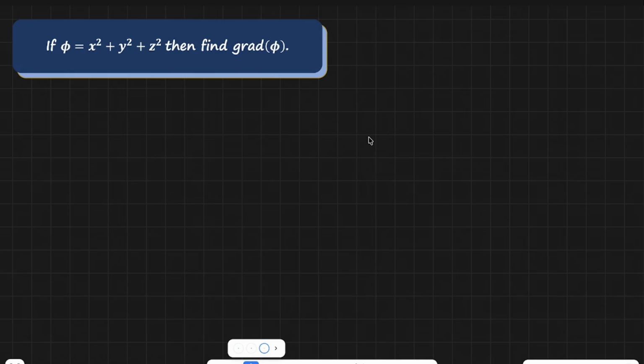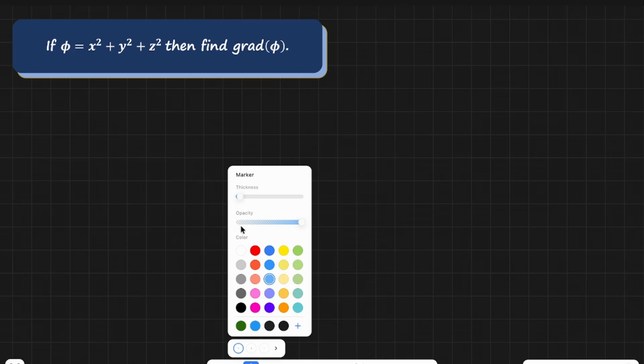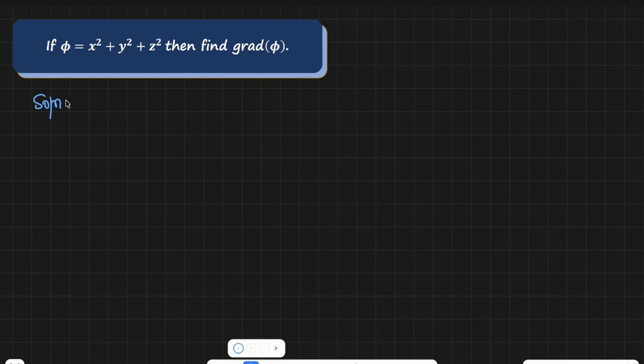Let's take an example and try to understand. Phi is a scalar valued function, and I want to find the gradient of it. Here phi is equal to x square plus y square plus z square. What is the gradient?